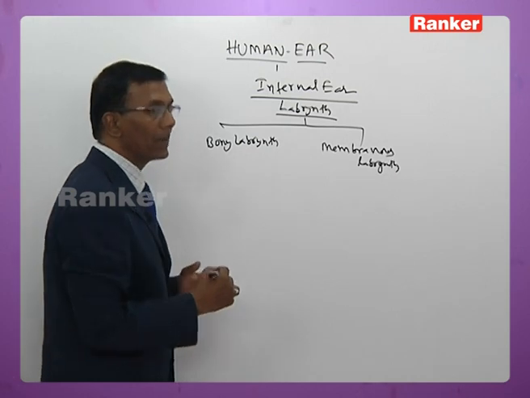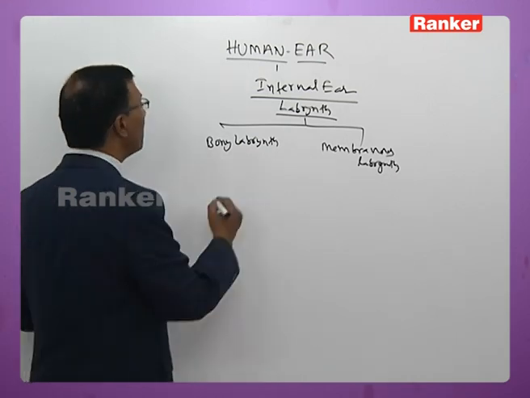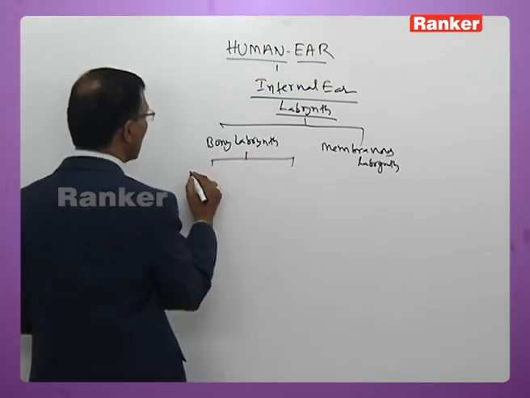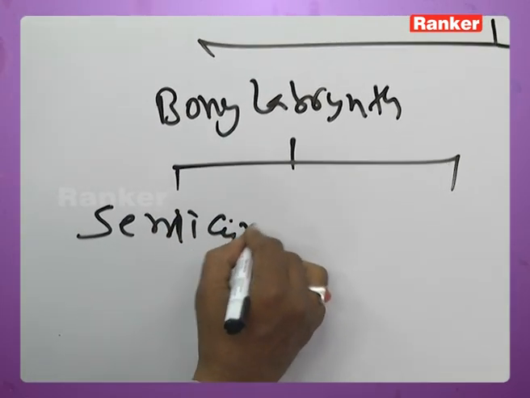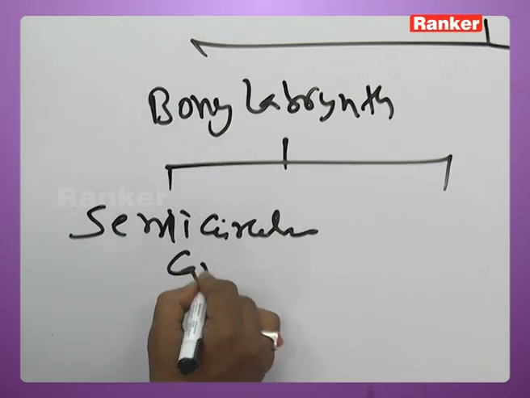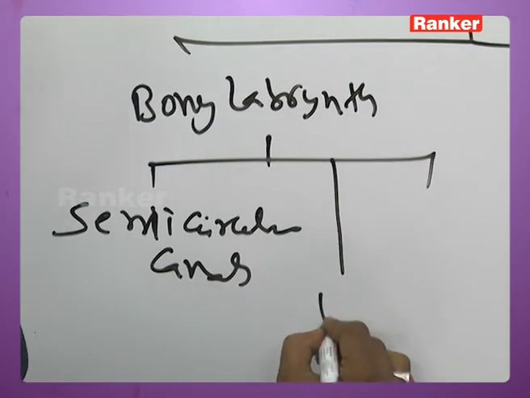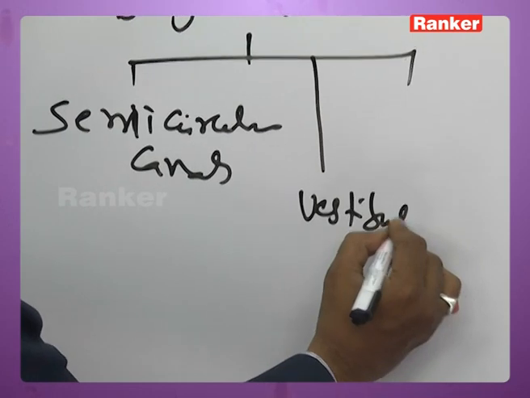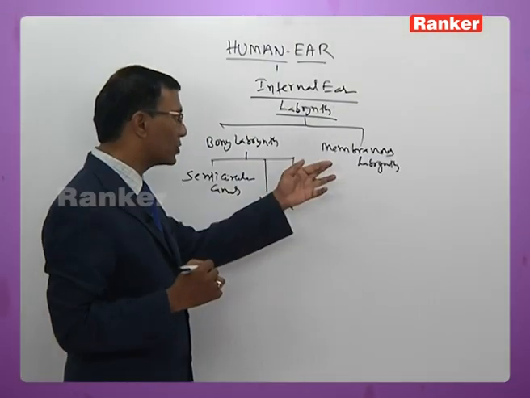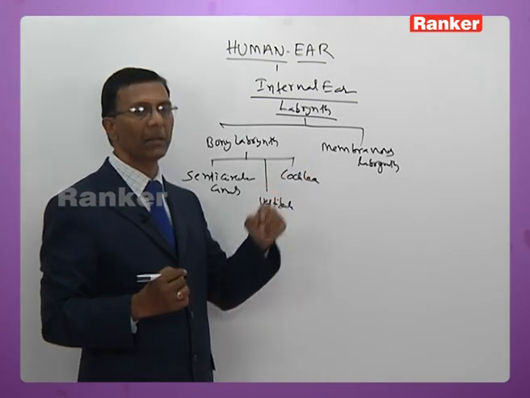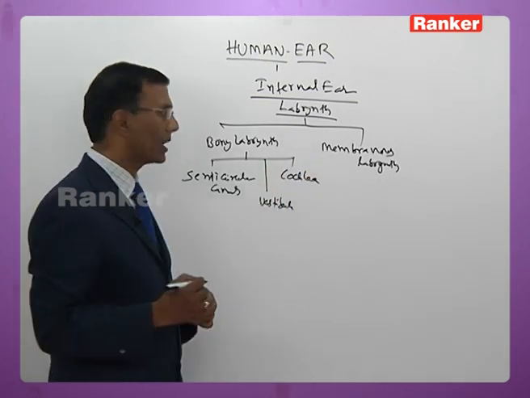Now the bony labyrinth consists of three parts: semicircular canals, vestibule and cochlea. The inner soft tissue embedded inside the bony labyrinth is called the membranous labyrinth.